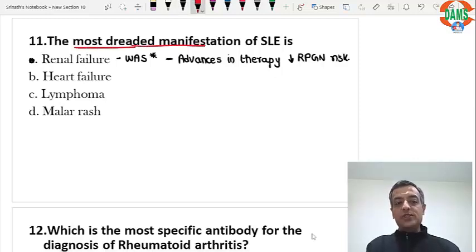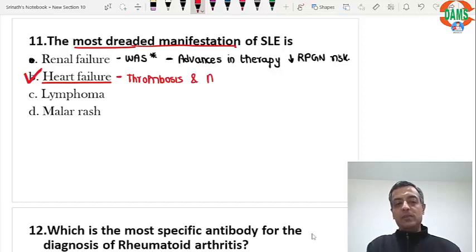Presently, the most dreaded manifestation is heart failure, which occurs because of thrombosis and atherosclerosis.